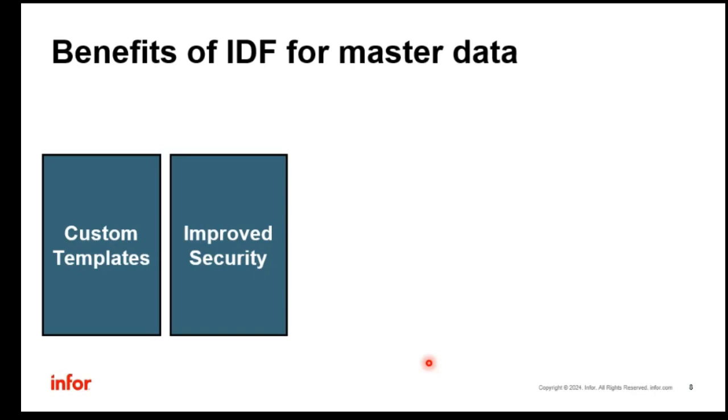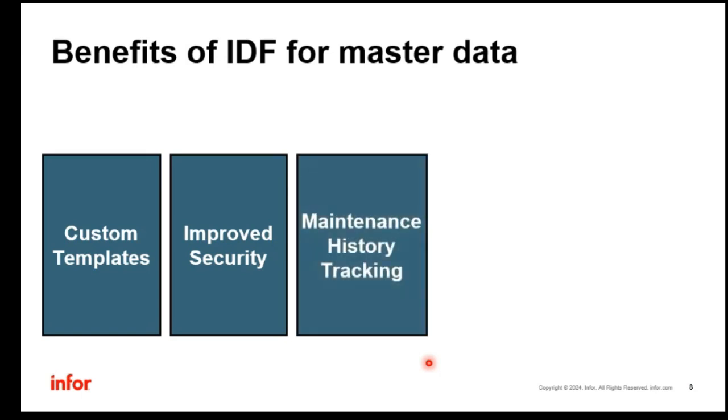So as a user, you can see all items maybe, but you can only maintain items that have a particular item class or item type. Same could be done with customers, right? You would maybe allow certain people to maintain certain customers, but not others. Maybe that's on salesperson, maybe that's on profit center, maybe it's on customer type. So you have that ability to get very finite in your security for the master data.